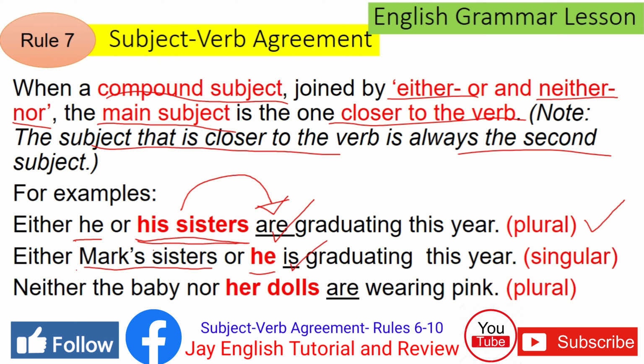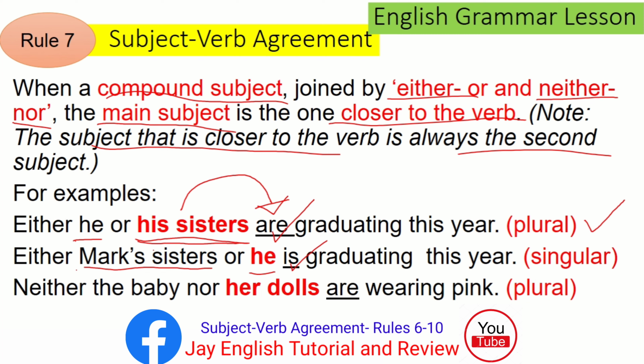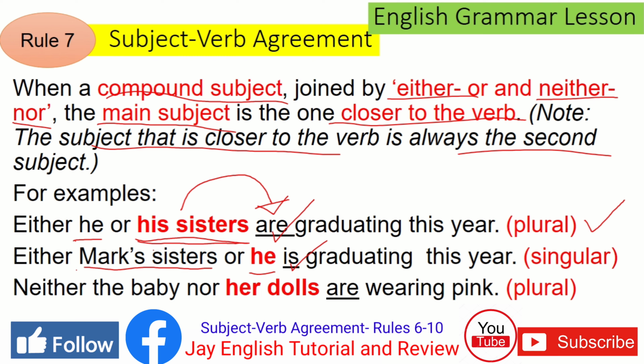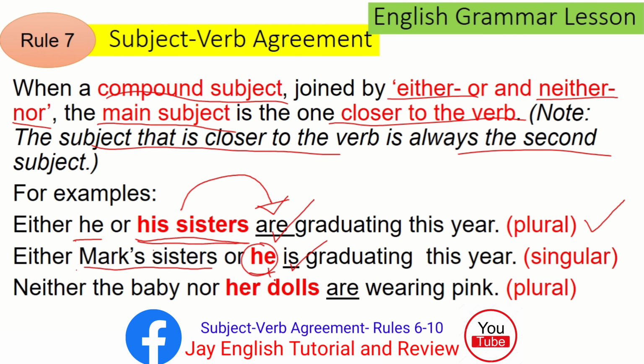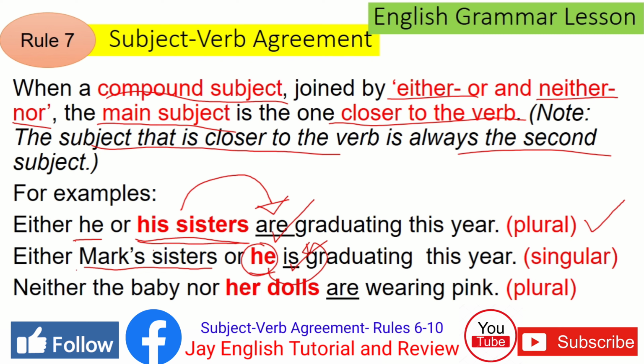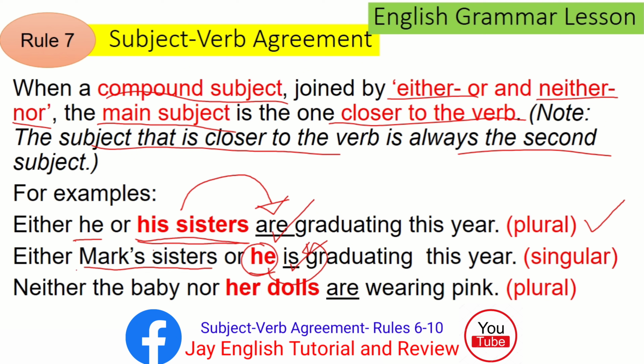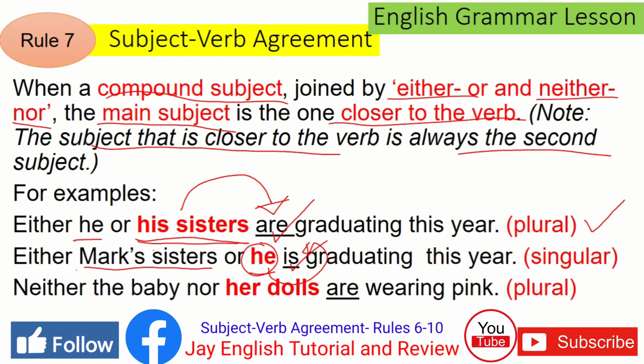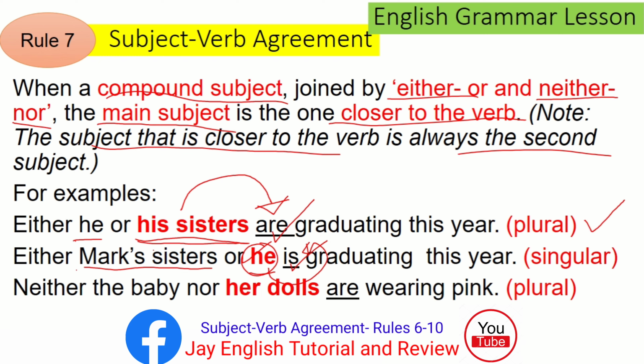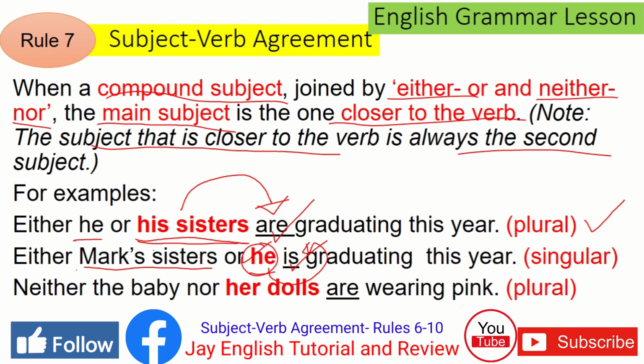Okay, let's go back to the rule. The main subject is the one closer to the verb, and between "Mark's sisters" and "he," it is "he" that is closer to our verb. So that means that our main subject is not "Mark's sisters," but rather the pronoun "he." That's why "Either Mark's sisters or he is."